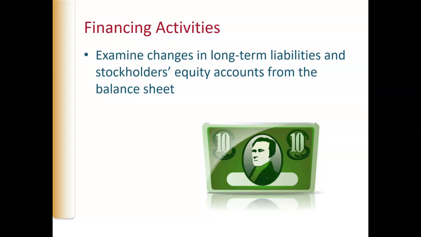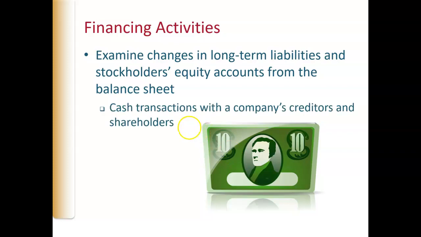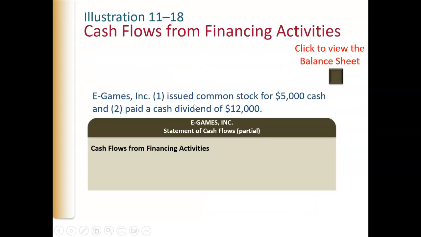Examine financing activities. We'll look at long-term liabilities and the stockholders' equity section from the balance sheet. And we'll look at those cash transactions with the company's creditors and shareholders.